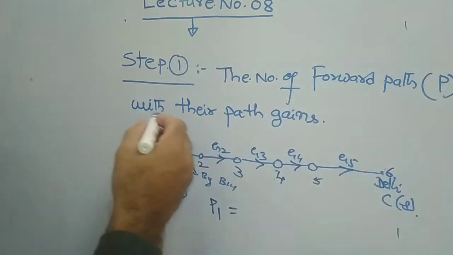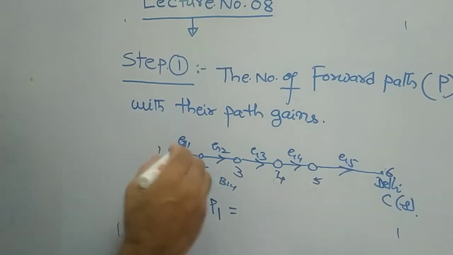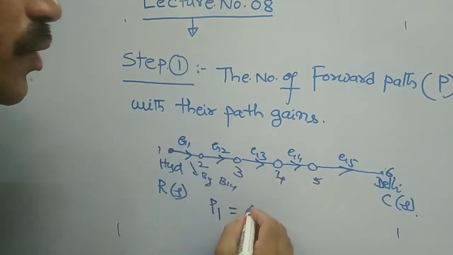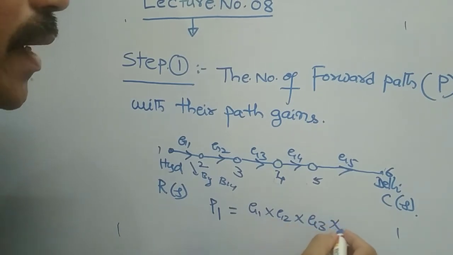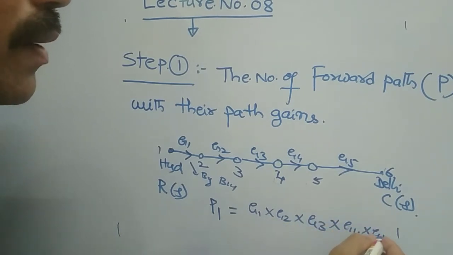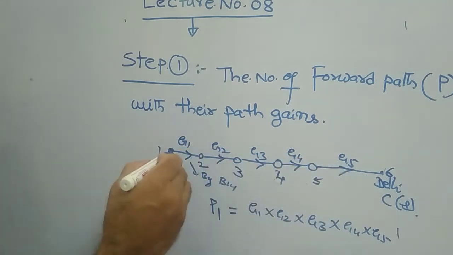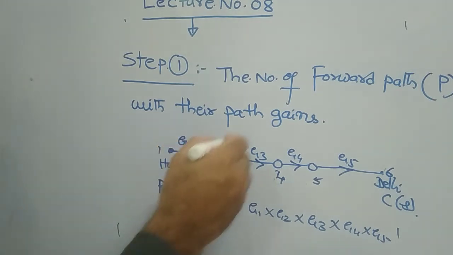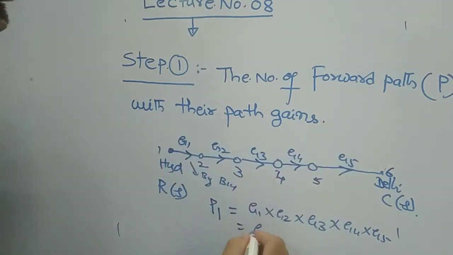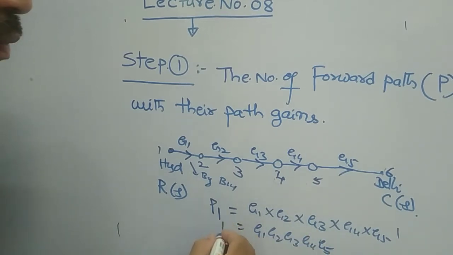Forward path along with their path gains. Path gain means you have to take the multiplication of G1 into G2 into G3 into G4 into G5. All the gains available on the signal flow graph shall be multiplied. This is the first forward path along with its path gain.